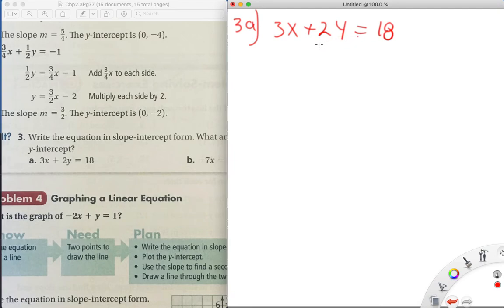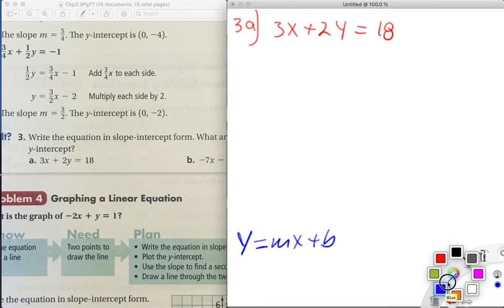We want this in slope-intercept form. But remember, slope-intercept form looks like this: y equals mx plus b. Notice that y is all by itself. There's nothing multiplying y. In this case, we have something multiplying the y. It's 2. So we have to get rid of that and also move that x to the other side.